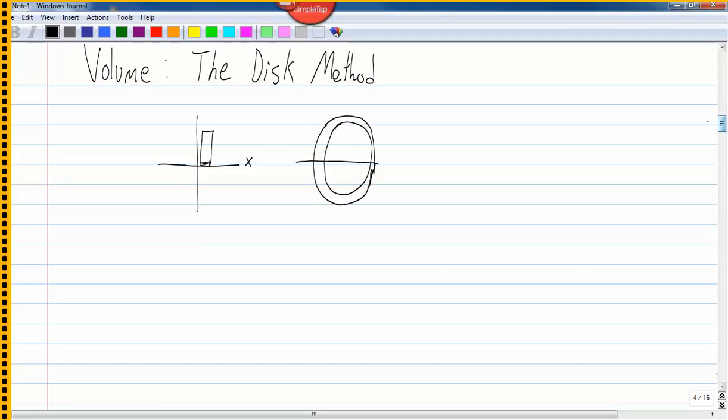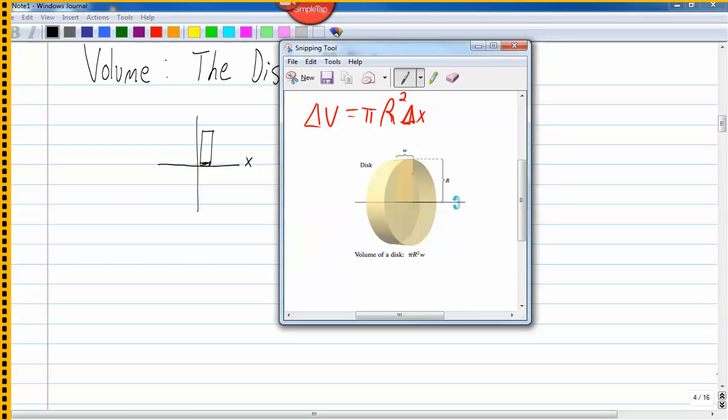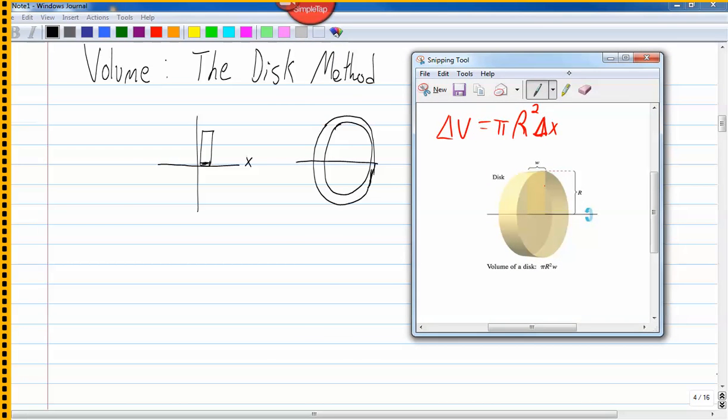All right, so the formula that we use when summing up an infinite number of these disks, of course, is going to be an integral.